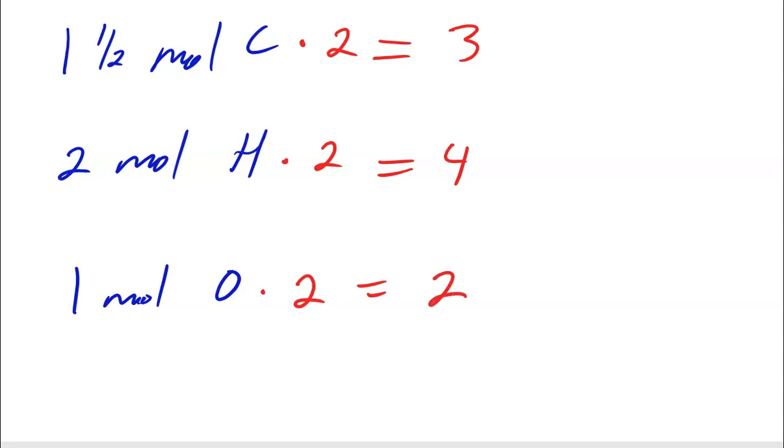Now you're almost done. All we have to do is to apply these numbers as subscripts. So we end up with C3H4O2, and that is my empirical formula for the hydrocarbon that we burned. Remember, all of the carbon went to carbon dioxide, and that's how we got the mass of the carbon.